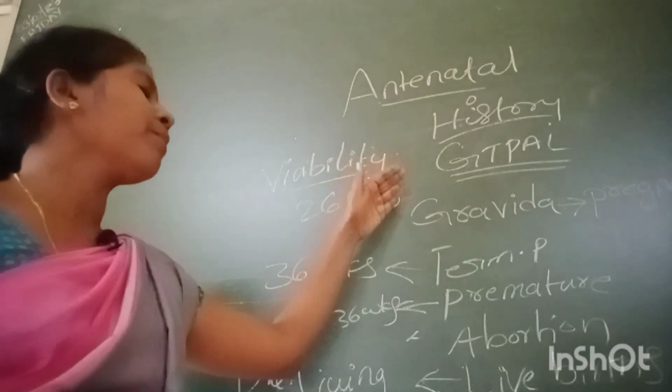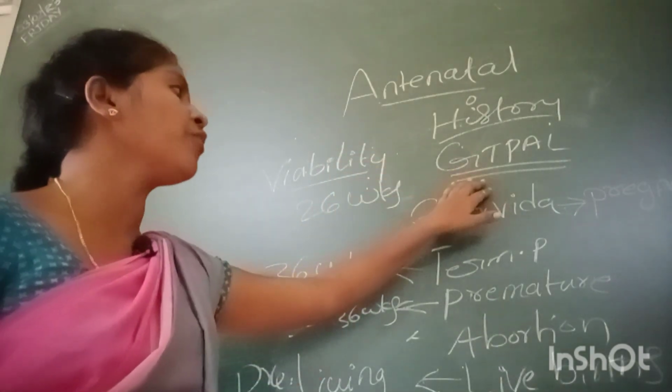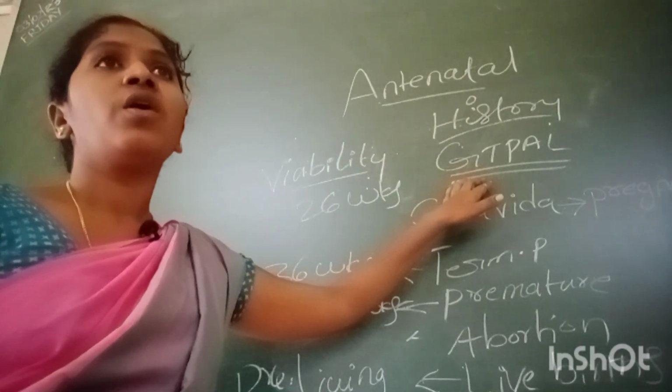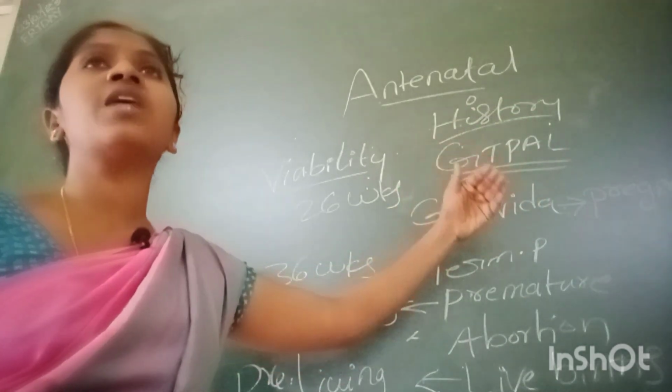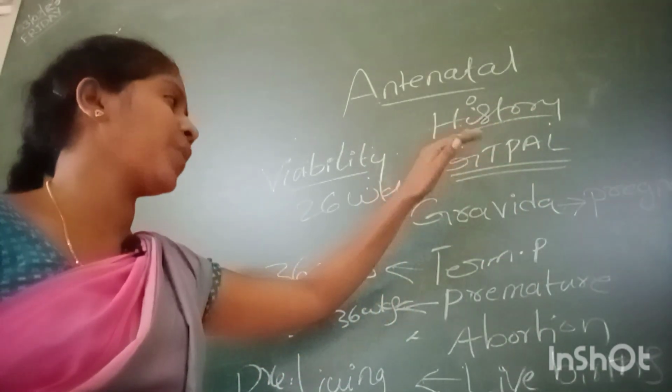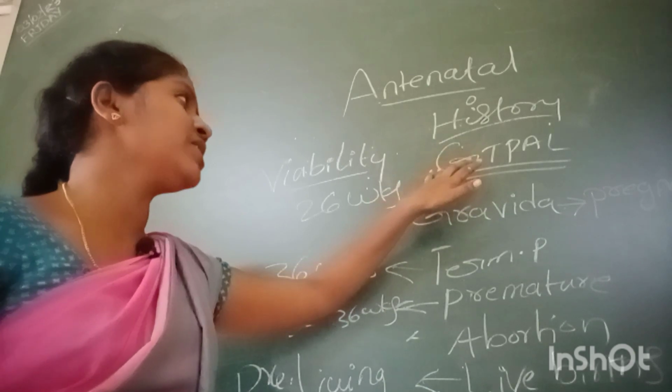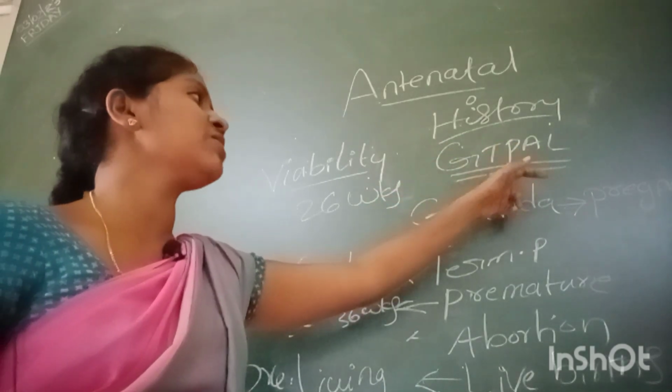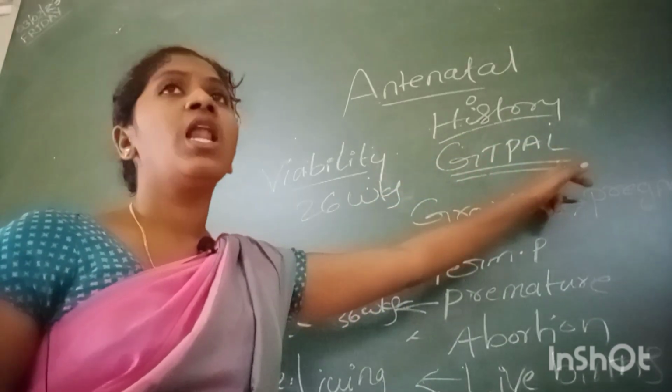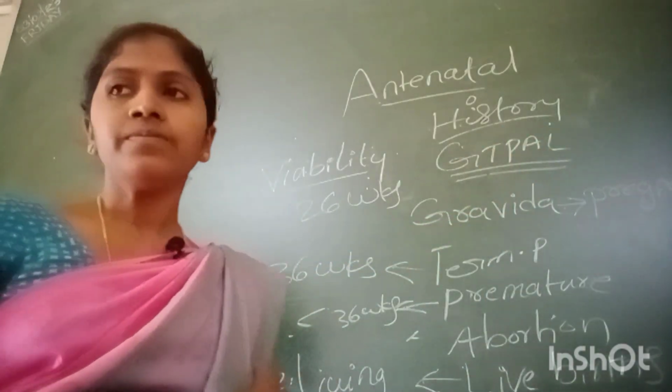These are the main terminologies. This code we use to diagnose the pregnant woman. I will explain it in detail also. Okay: gravida, term pregnancy, preterm pregnancy, abortion and live babies.